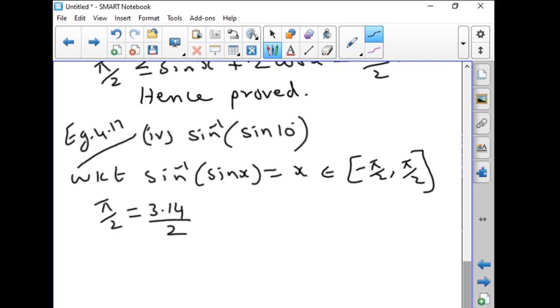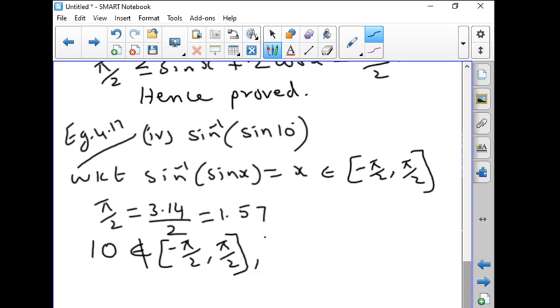Value for pi is 3.14. So when you divide this, you get 1.57. So when you consider like this, 10 does not belong to minus pi by 2 comma pi by 2.